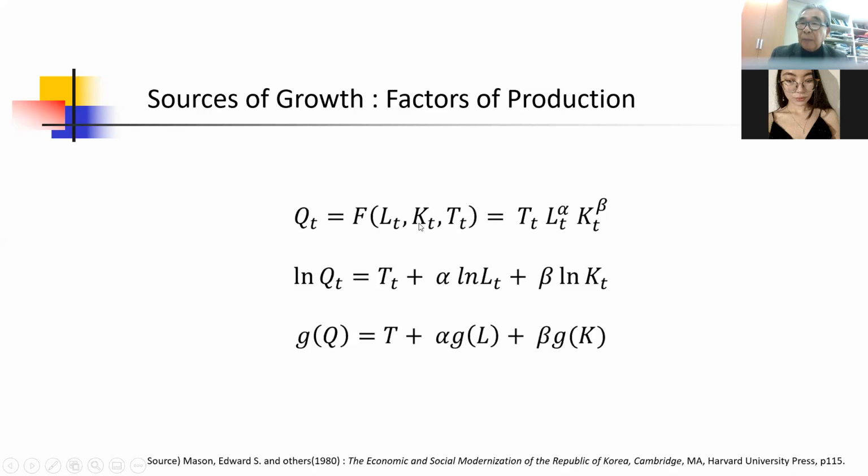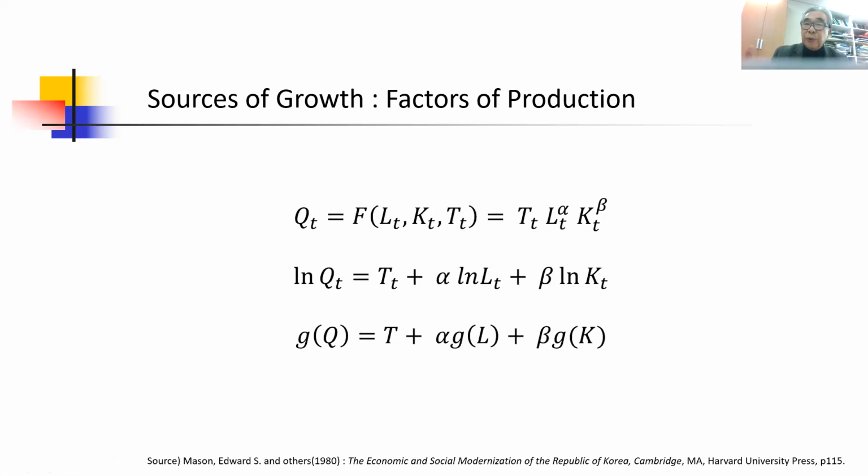But the two farms could end up with totally different QT. Why? The first farm is very technologically advanced. That means they know how to cultivate land, they know how to seed, they know how to harvest.